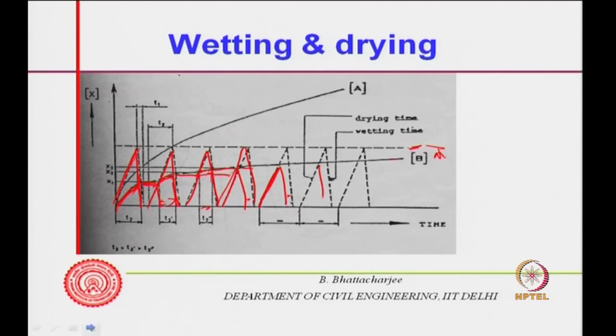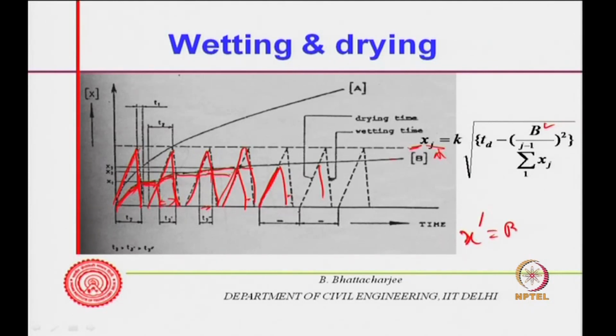So, one can algebraically formulate a formula like this, where B is the constant. The moisture penetration depth, if I call it x dash, is B under root T, because we said moisture penetration is also proportional to under root T. So, B is the constant of proportionality. x j, with j going from 1 to j minus 1, where x j is the progress of carbonation depth during the jth cycle.